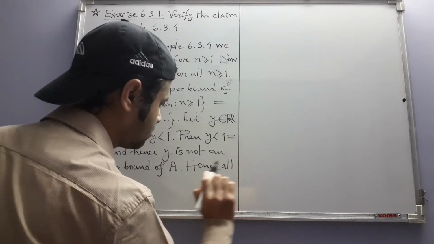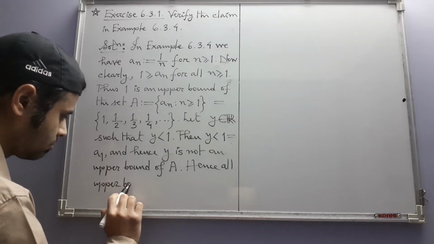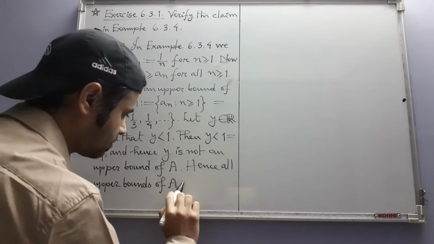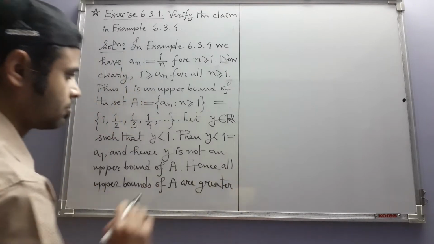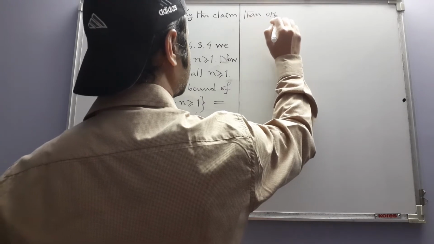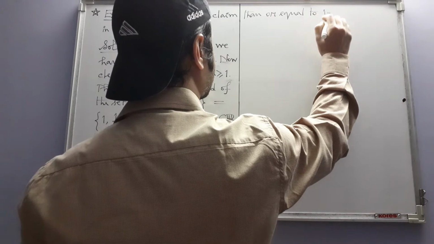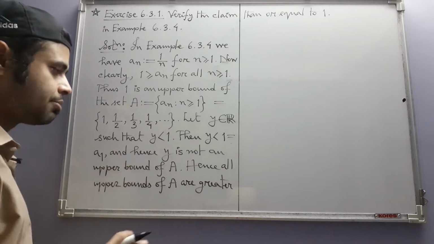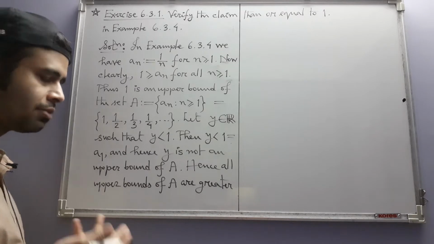Hence, all upper bounds of A are greater than or equal to 1. So that's why 1 is the least upper bound, because all upper bounds are greater than or equal to 1, and at the same time 1 itself is also an upper bound.